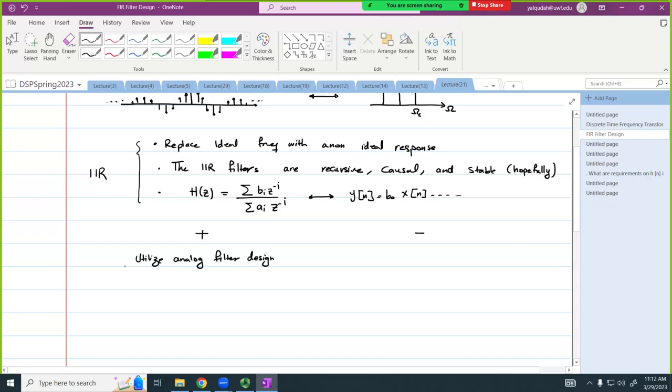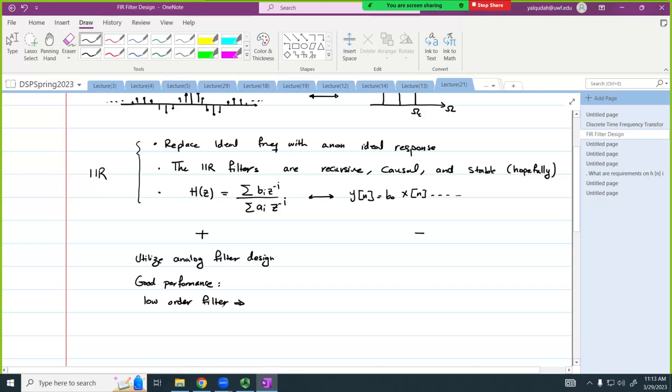Another advantage of the IIR filter is that it has very good performance. And what that means is with a low order filter, we are able to meet the requirements that we need.